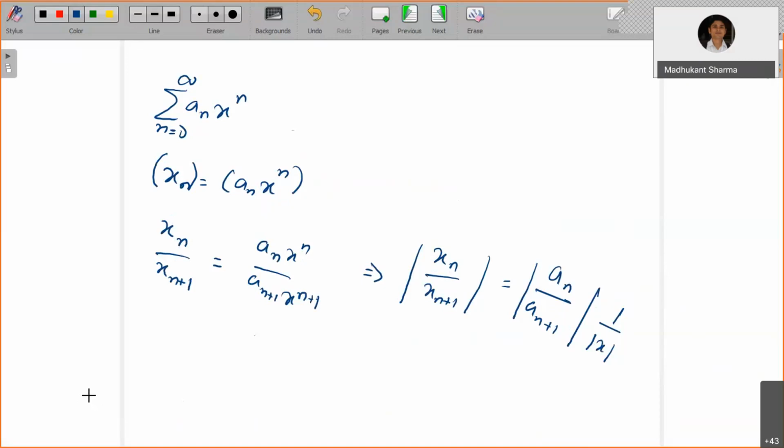Now if you recall the ratio test from the previous sequence criteria, you can see that it entirely depends on this. You can certainly get the values where 1 by mod x should be less than 1.